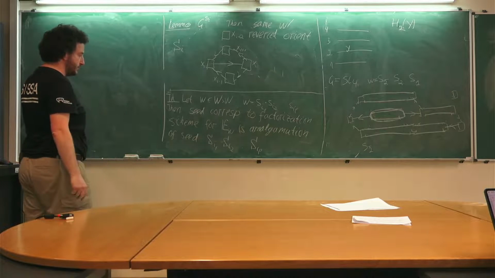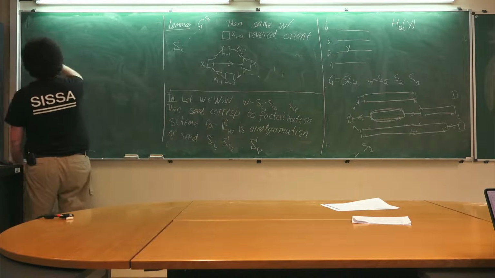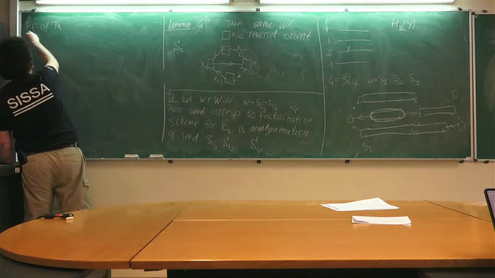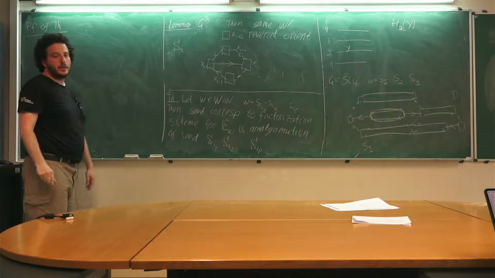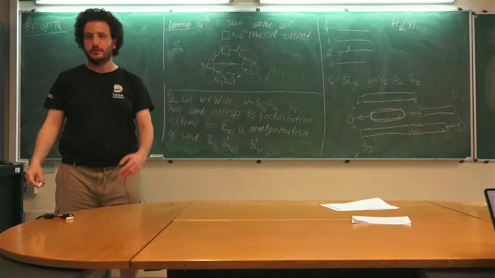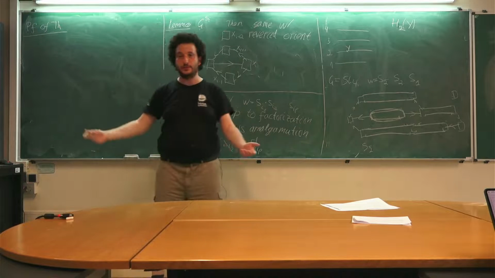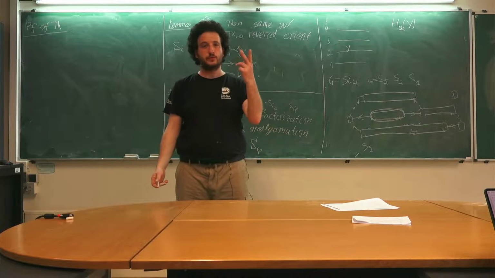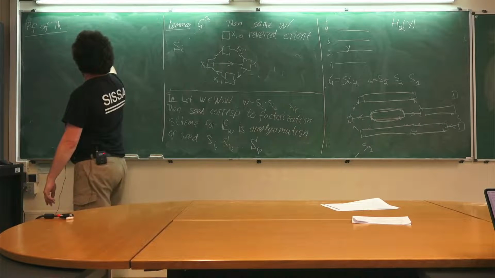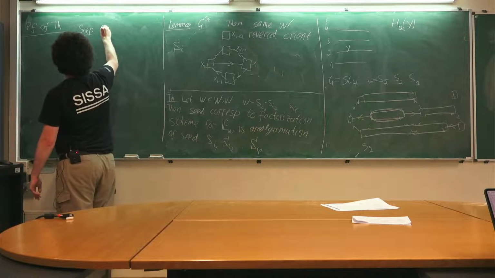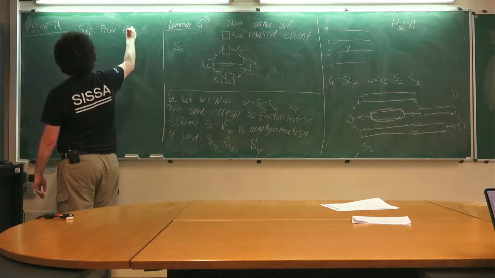Okay, I want to use this board to prove the theorem. But of course, let's be realistic. It doesn't mean the idea of the proof. Two steps. Step 1, prove lemmas.